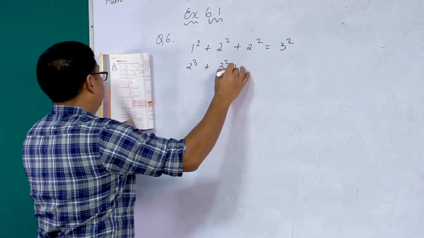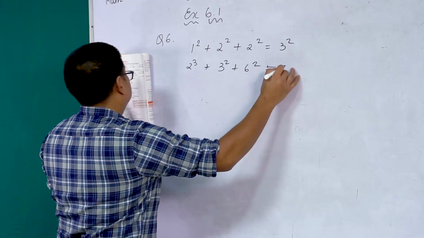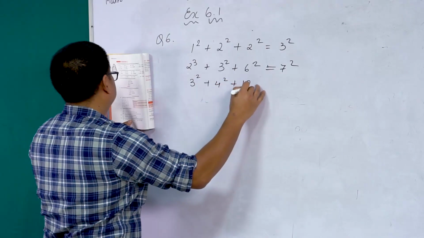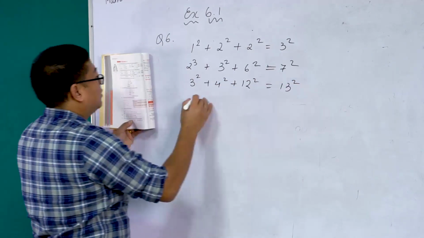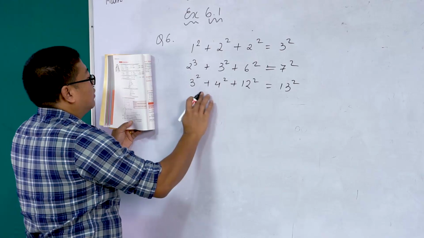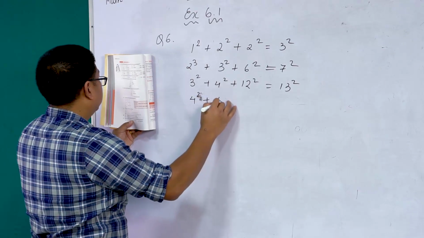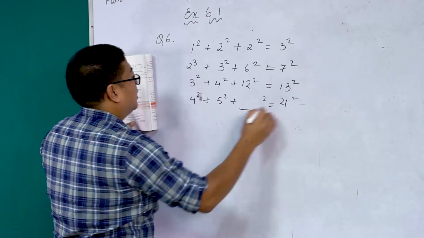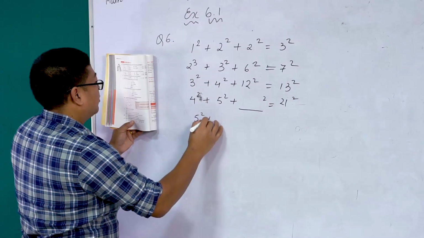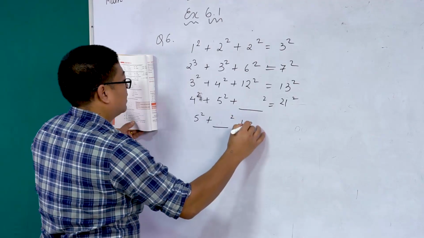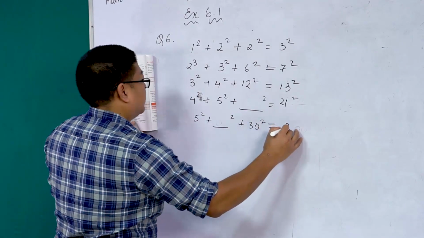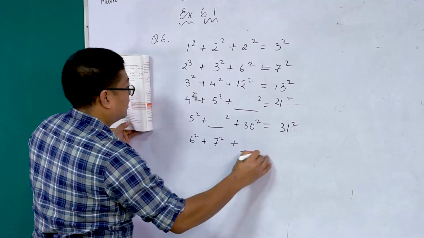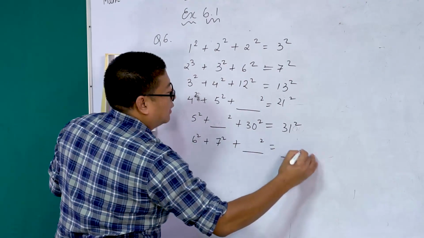Second pattern is 2 square plus 3 square plus 6 square is 7 square. 3 square plus 4 square plus 12 square is 13 square. 4 square plus 5 square plus dash square is equal to 21 square. 5 square plus dash square plus 30 square is 31 square. 6 square plus 7 square plus dash square is equal to dash square.